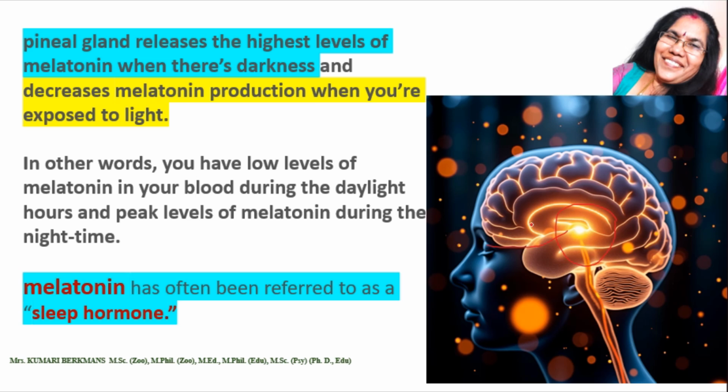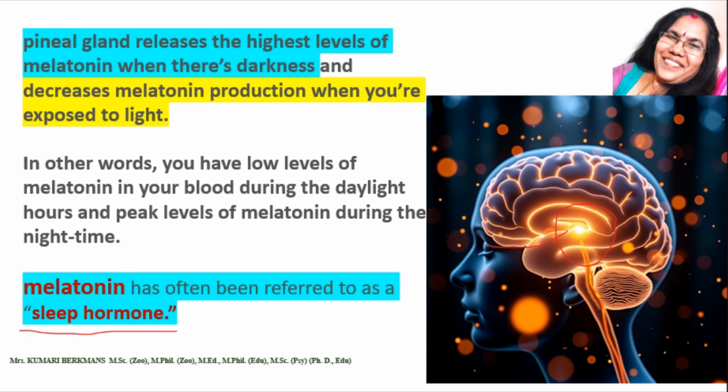Now see, a high level of this melatonin hormone is secreted only during the darkness. During the night time, when we fall asleep, only at that time will this hormone be secreted by the pineal gland. So this hormone is called the sleep hormone.